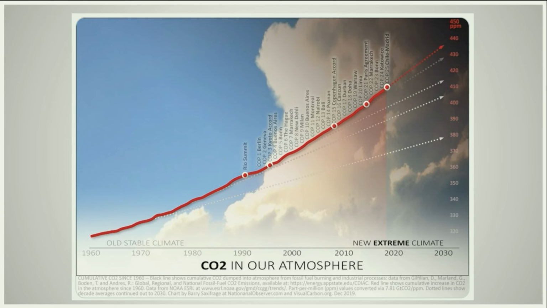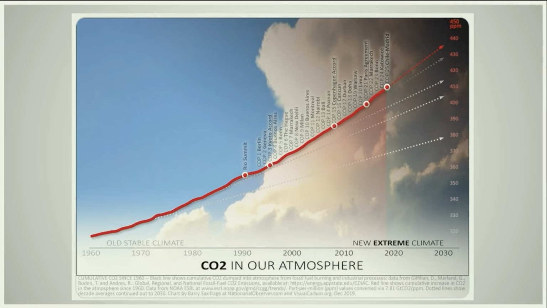There's no change in the rate of warming. The rate of increase of CO2 just continues to rise. And the Paris Climate Agreement doesn't seem to have had any impact at all. Here it is, that's 2015, this is now. And we see the rate of rise of CO2 has continued.